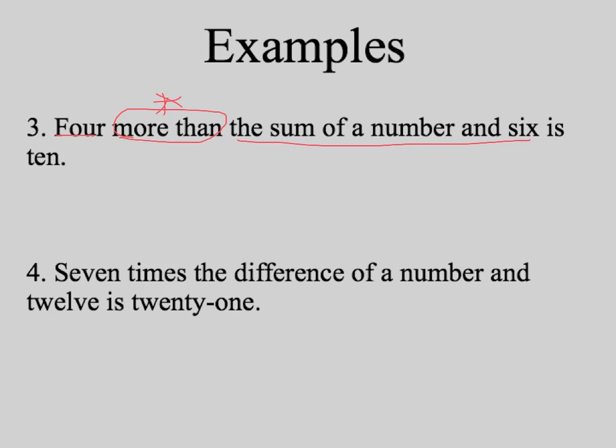We have to have the sum of a number and 6. Sum means addition. N plus 6. And then 4 more than that. So then that needs to stay in parentheses because it says the sum of. And then we would say plus 4 is 10. Because it didn't say more than a number, it said the sum of a number and 6. That's why we had to put it in parentheses.